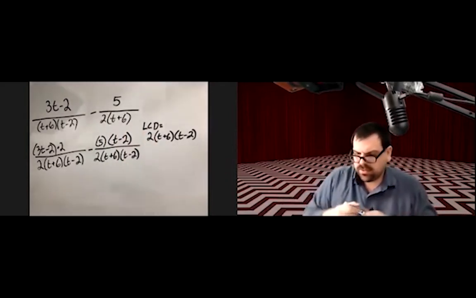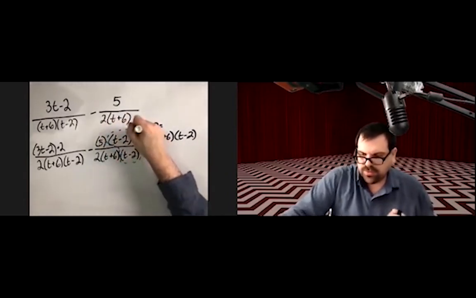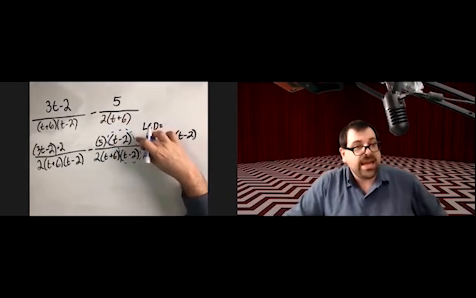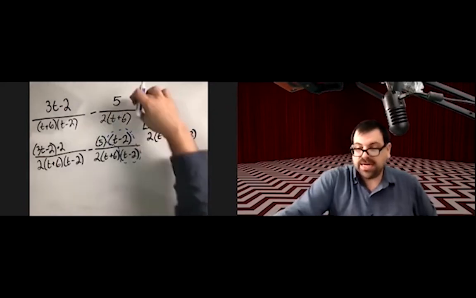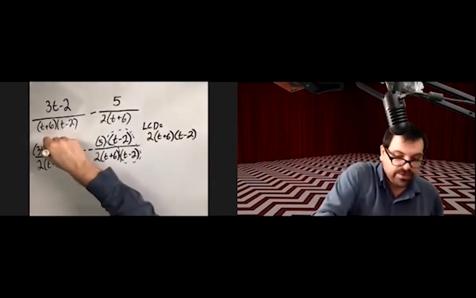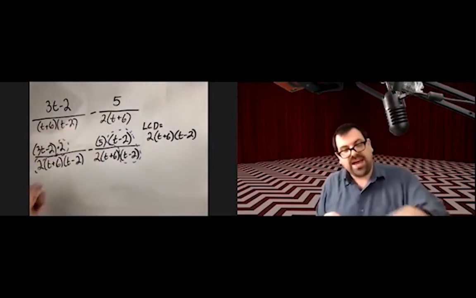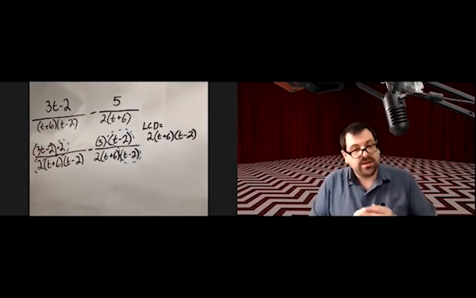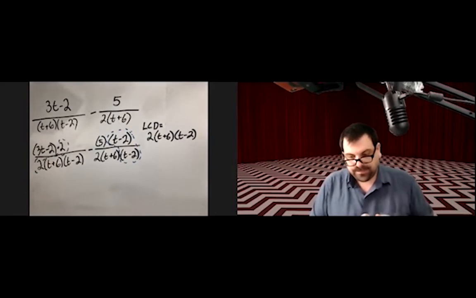So again, this t minus 2 over t minus 2 is a factor of 1 that we're multiplying by the original. Here, this 2 over 2 is a factor of 1 that we're multiplying by the original 3t minus 2 over that stuff.